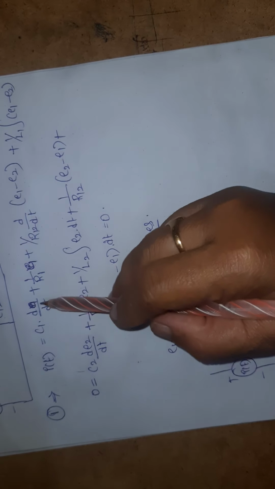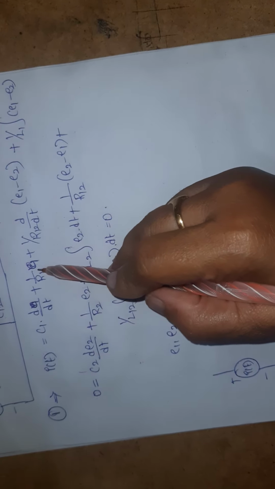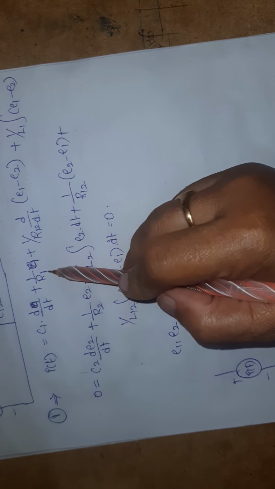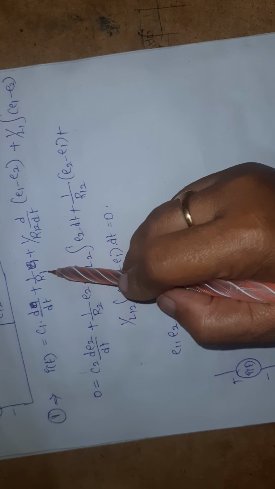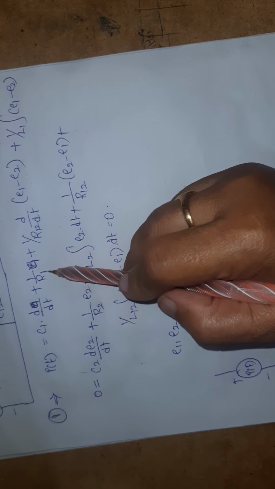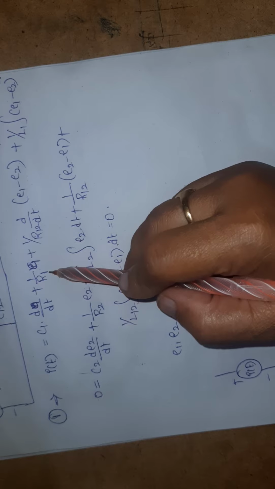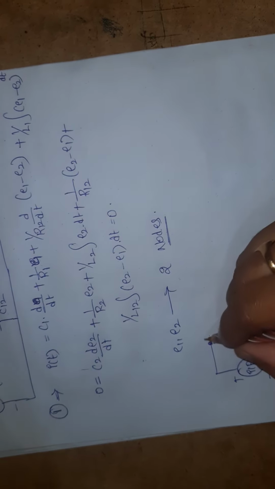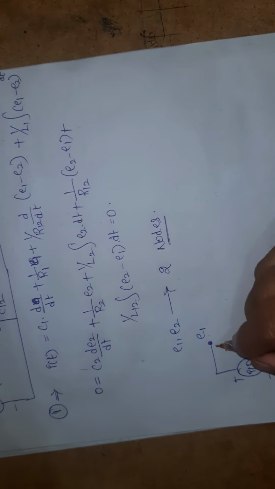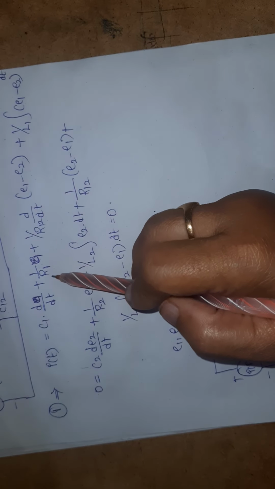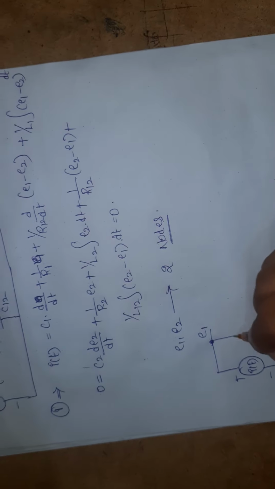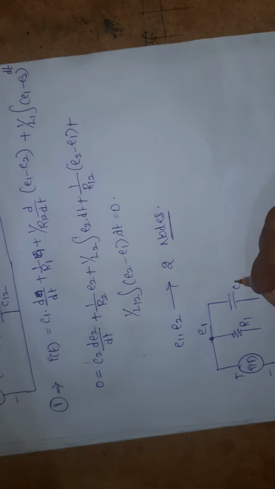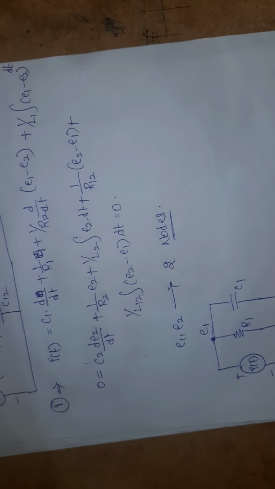Next for this E1, for the first node I am having C1 and R1. So here just consider it as a node, E1 node. For this, C1 and R1 are connected. So like this, R1, C1 is connected.